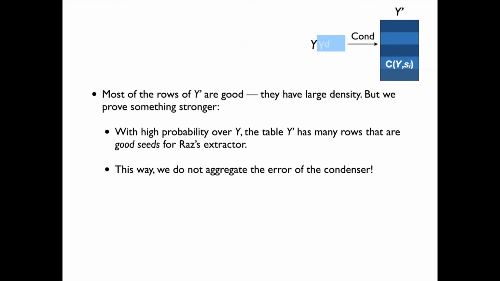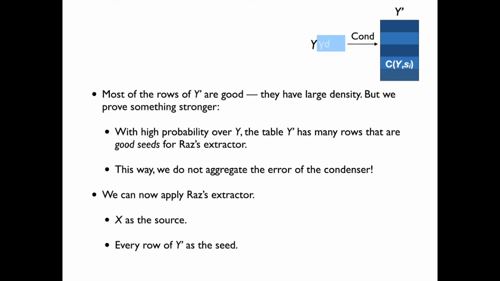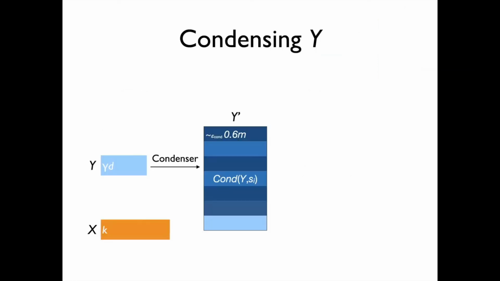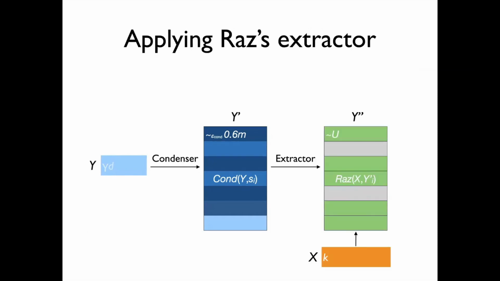And the error that we get is the error that Erasure Extractor gives us. What we can now do is apply Erasure Extractor, where X is the source, and every row of Y prime is the seed. Okay, it looks something like that.